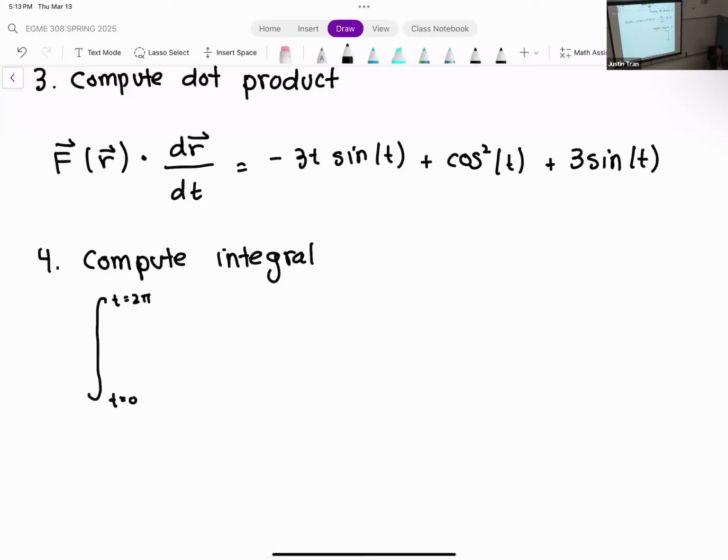And our integrand is exactly that dot product that we have above. So we have the integral of minus 3t sine of t plus cosine squared of t plus 3 sine of t dt. And so through all that operation, we have just a simple one-dimensional integral here.